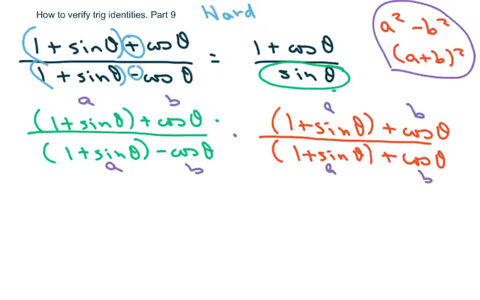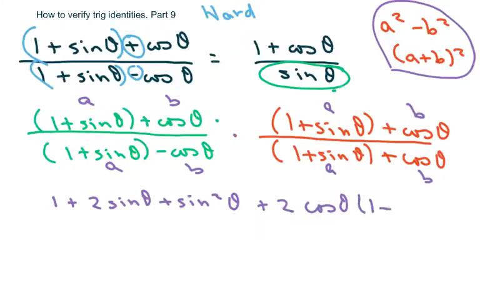So what we get in the numerator is 1 plus 2 sine of theta plus sine squared of theta plus 2 cosine theta times 1 plus sine of theta plus cosine squared of theta. That's the hard part. So you're doing this part right here.